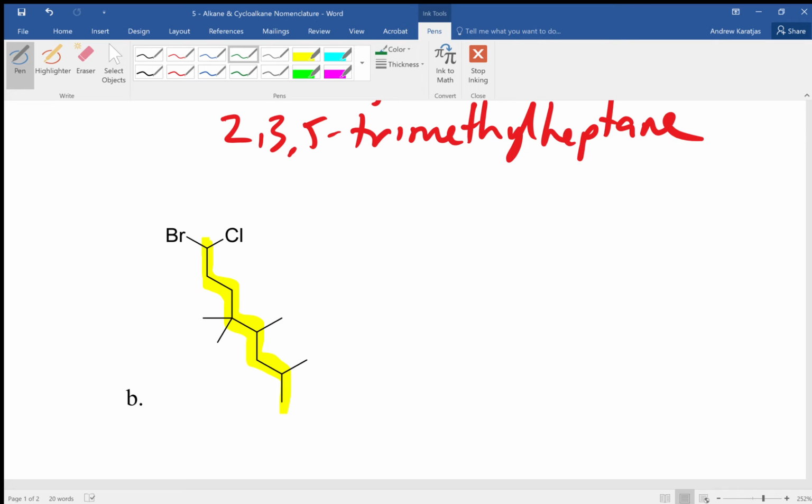Because if we start at the top, our very first carbon has a substituent on it. If we start at the bottom, though, our first carbon, this one here, doesn't have any substituents on it. So we know we have to start at the top, and then we come down.